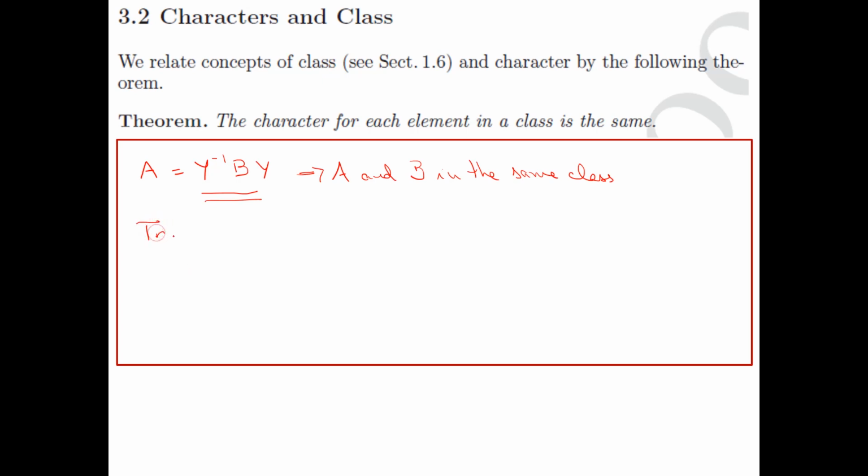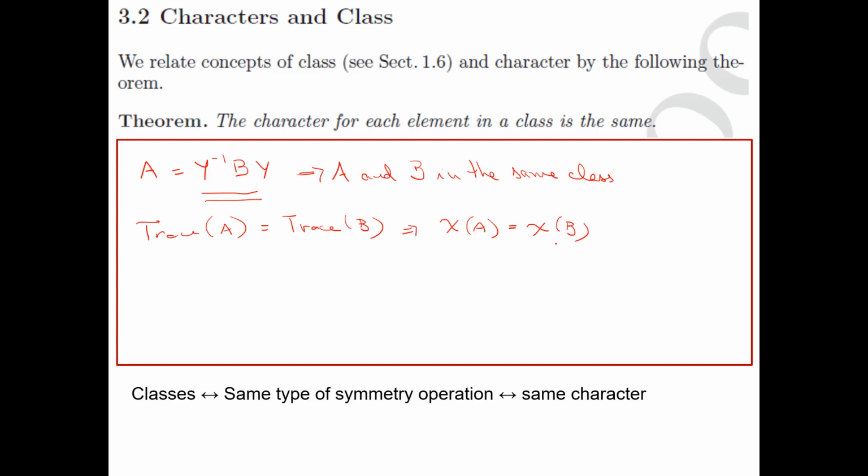The trace of A is equal to the trace of B, and then A and B have the same character. So the character of A is equal to the character of B if they belong to the same class. Okay, so this is a simple result to show.